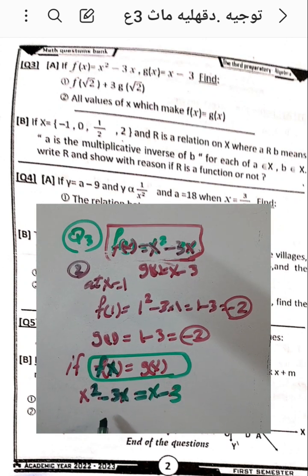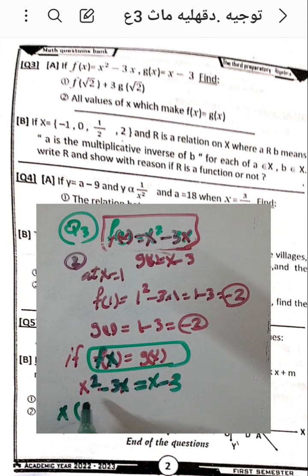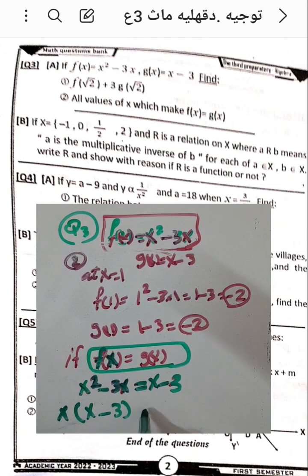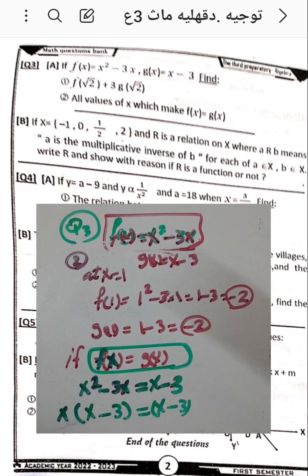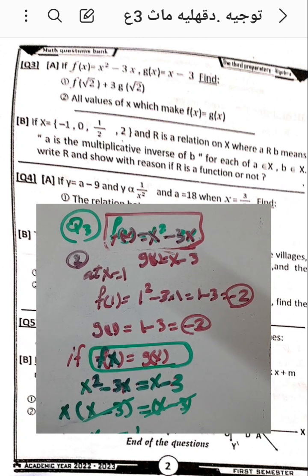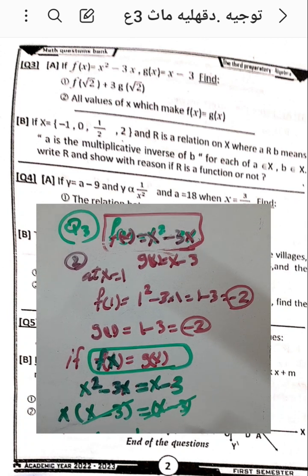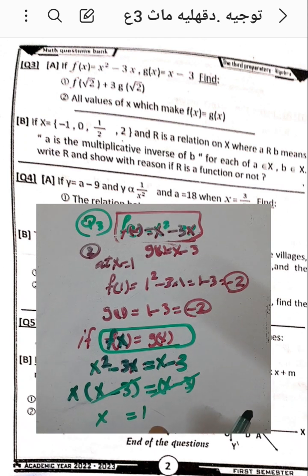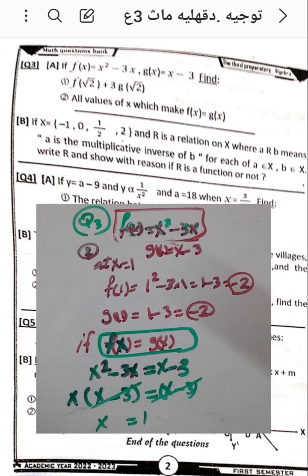You can simplify this expression by writing x outside between the two terms: x power 2 divided by x will be x, and 3x divided by x will be 3. And then write x minus 3 here. Then cancel x minus 3 with x minus 3, then x will be 1. Okay, if f of x equals g of x, then we can cancel x minus 3 by x minus 3, then x will be 1.